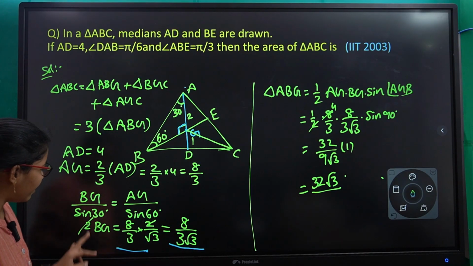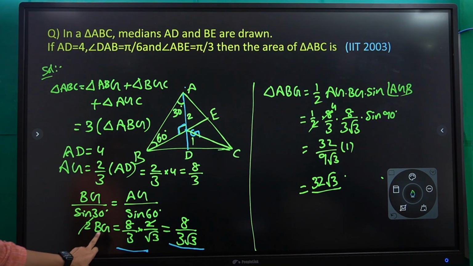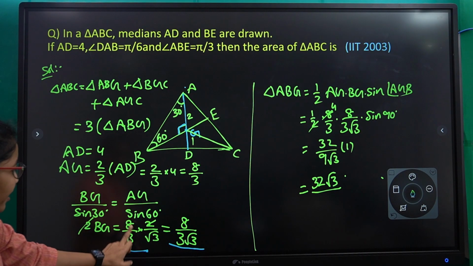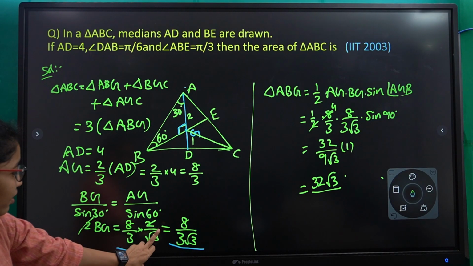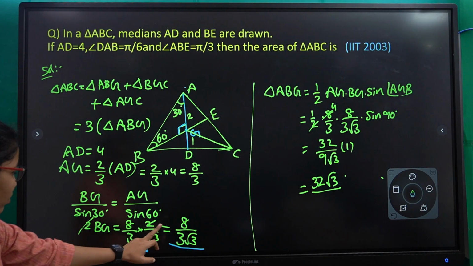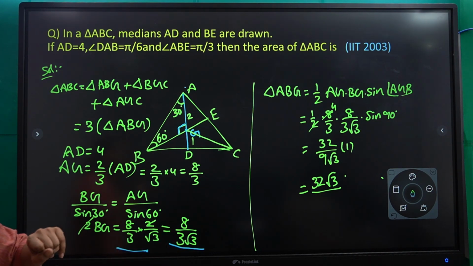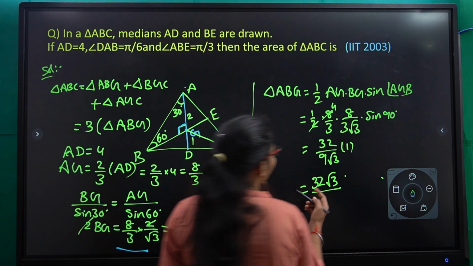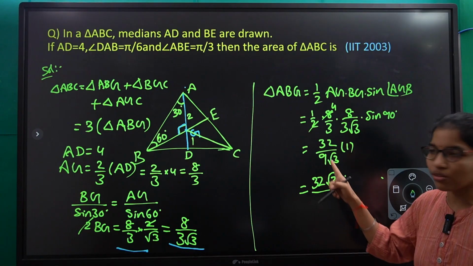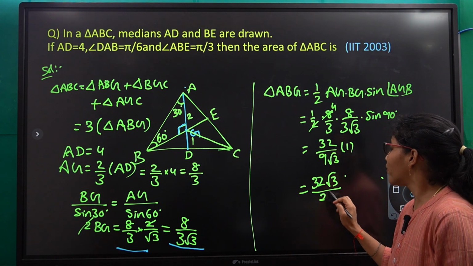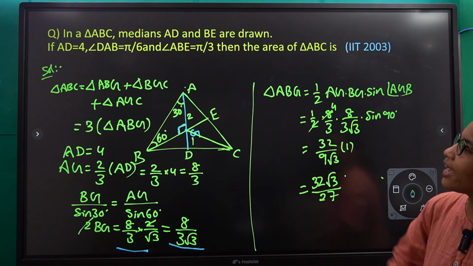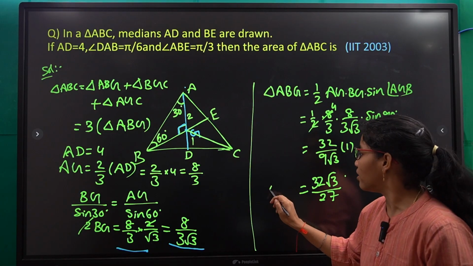Okay, BG here how much we are getting here? AG 8/3 into sine 60 √3/2, so 2/√3. 2 got cancelled. 8/3 √3. Yes, correct only, right? Okay. So how much we are getting here? 32 into √3 by 9 threes are 27. So this is the area of triangle AGB.